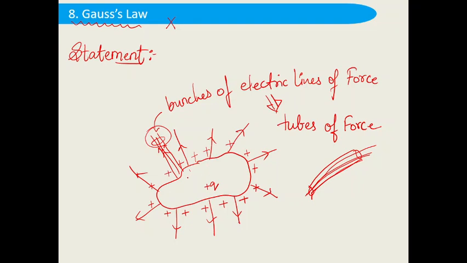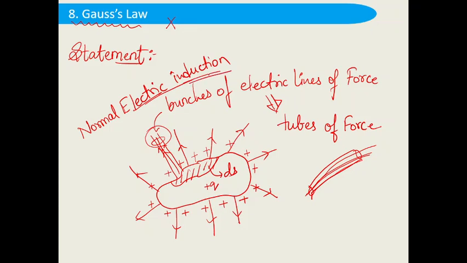Okay, now if suppose I consider this particular area ds of the conductor, what I am going to get is normal electric induction. So what is normal electric induction? Electric induction is nothing but number of tubes of forces.